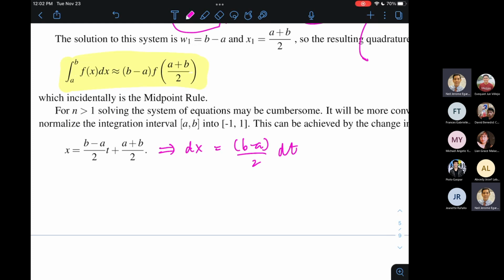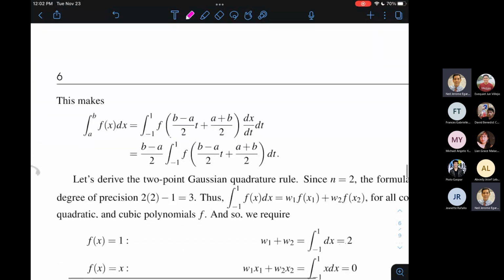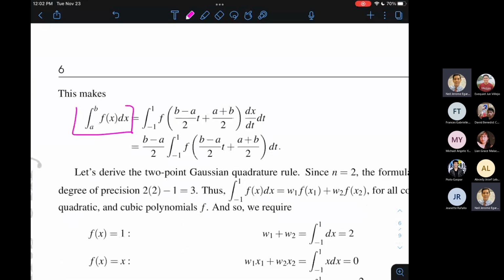So change of variable lamang para yung interval AB, o yung upper and lower limits of the integral, maging -1 to 1 lamang, because maganda siya para mag-zero yung mga integral ng ibang powers ni x to the n. Okay? So if we do this change of variable, we'll get this. The integral from a to b of f of x dx will be equal to this guy.